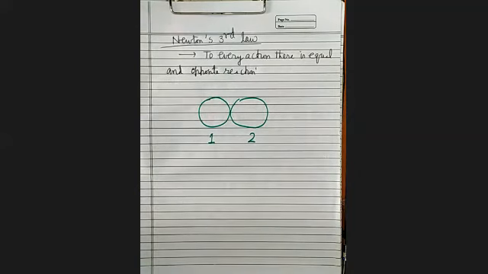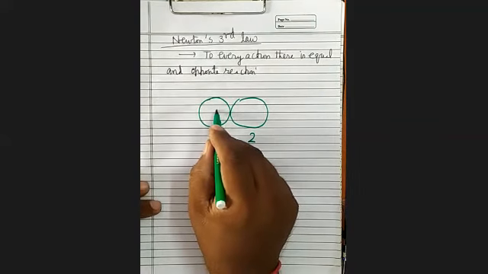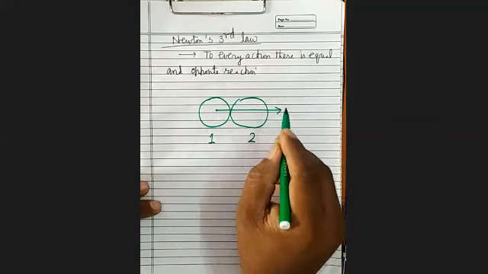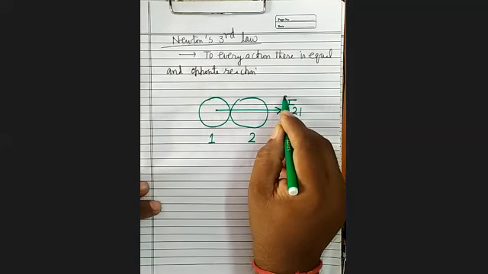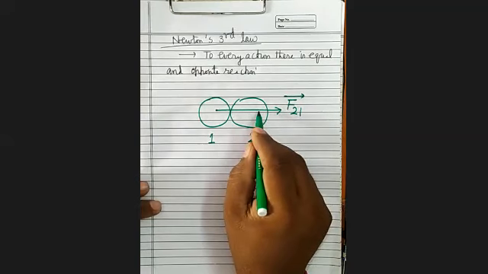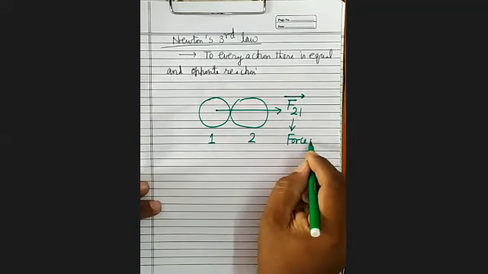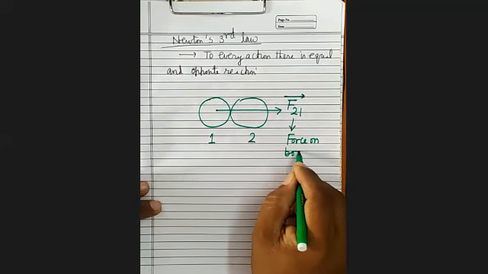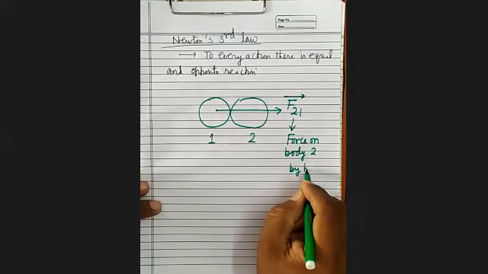The force which 1 exerts on 2 is F21, the force on body 2 by body 1.